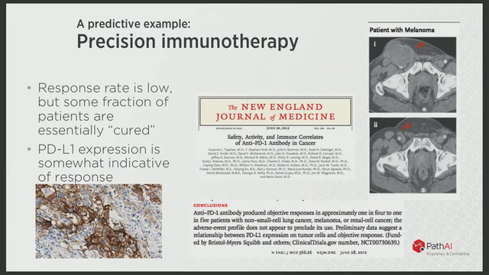The first studies came out showing that targeting a protein mostly on tumor cells, but also on immune cells, the PD-1 or the PD-L1 protein, whose job when it's on is to inhibit immune response. But in the setting of cancer, the inhibition of immune response is actually bad for the patient because the immune system's job is to fight off the cancer. So they realized a very simple therapeutic strategy of just having an antibody that binds to this inhibitory signal can unleash the patient's own immune system to end up curing really serious advanced cancers.